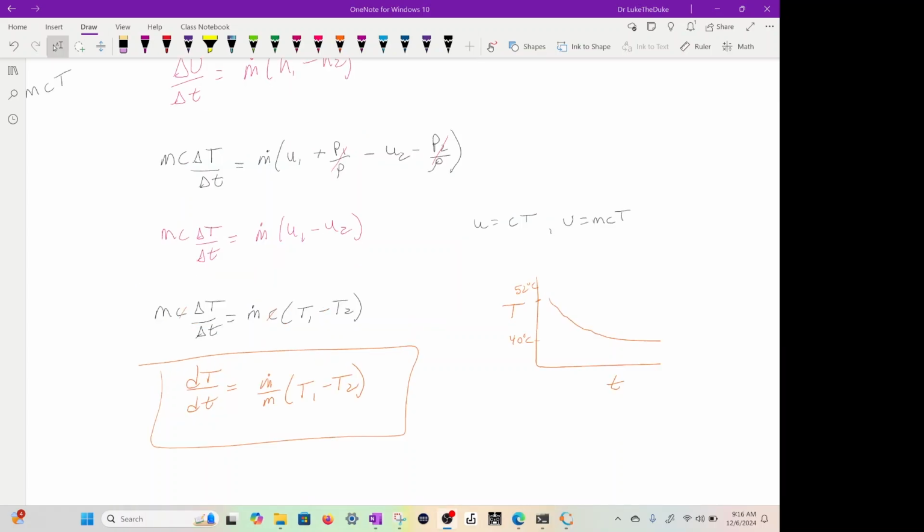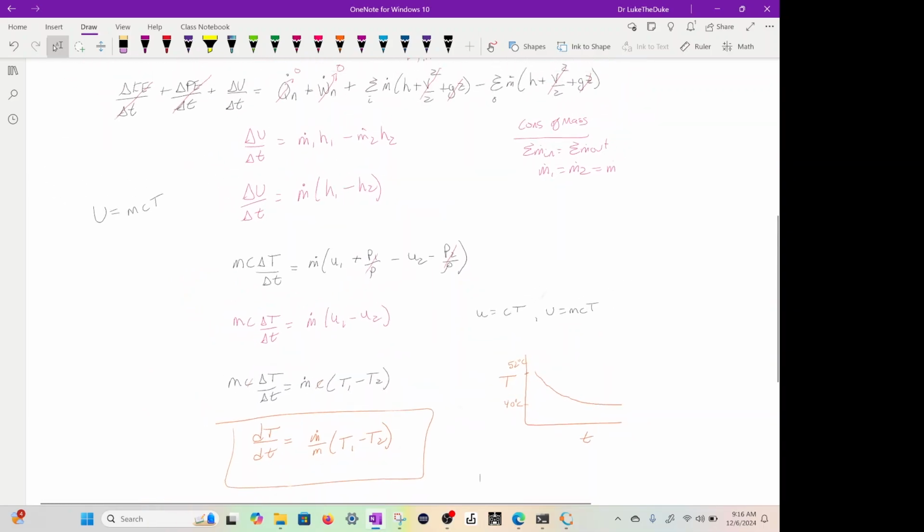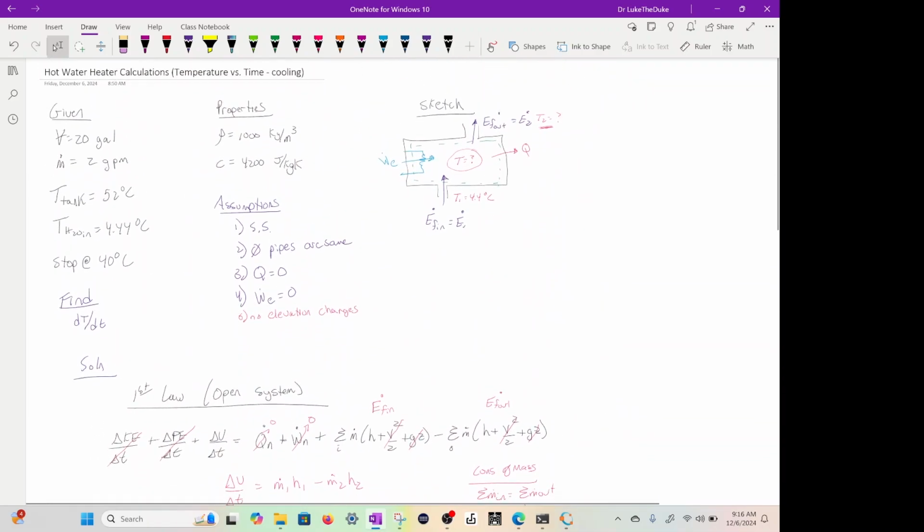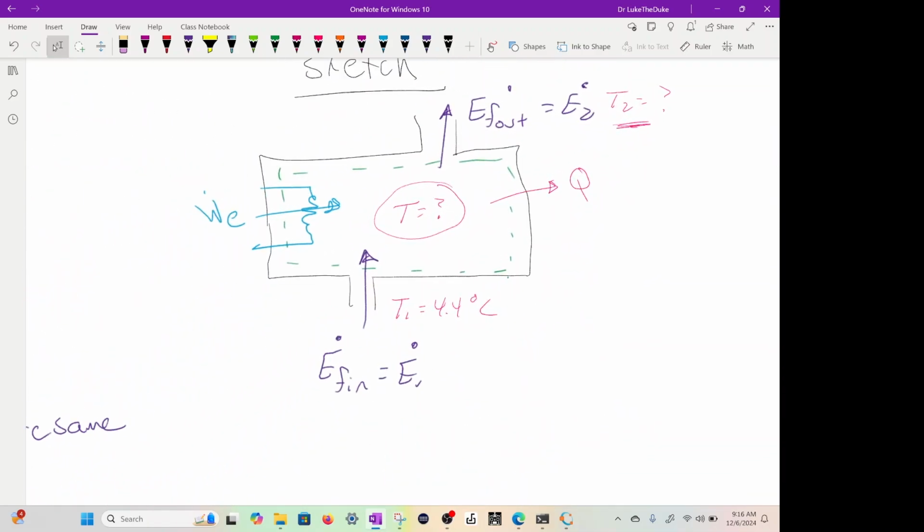Okay, so just to recap this problem, go back up here. We have a hot water tank, and we have no power, so basically the electric is off. We have no heat transfer because it's adiabatic. We're assuming it's well insulated. So we have water coming in at 4.4 degrees C. We have the temperature of the tank, and then this is T2.